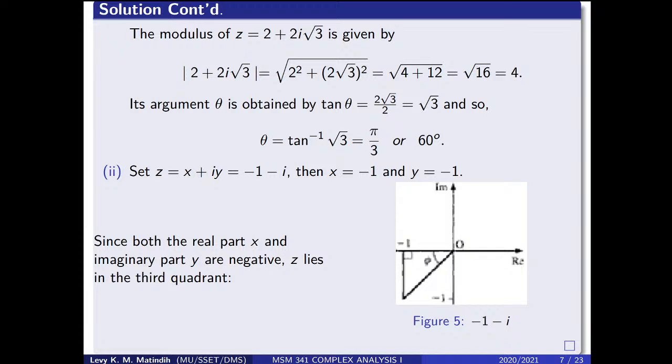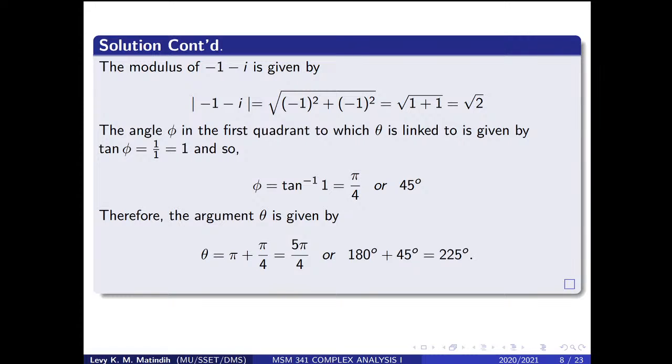As such, both the real part and the imaginary part of this complex number are negative. In which quadrant can we find both x and y being negative? This is in the third quadrant, which means our angle theta will be an angle in the third quadrant, which this complex number makes with respect to the positive x-axis.